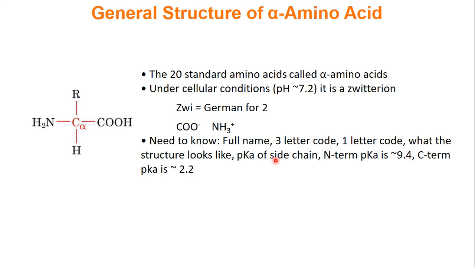If the amino acid has a pKa for the side chain, you need to know that number. And you need to know that in general, the N-term, where the nitrogen is, has a pKa of roughly 9.4, and the C-term, that's where COOH is, is roughly 2.2.